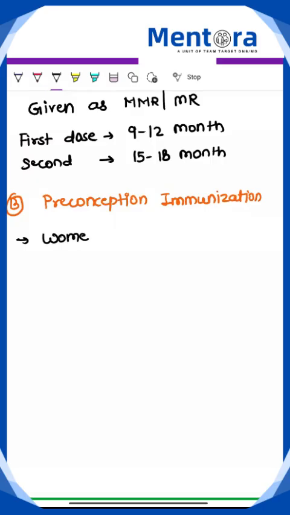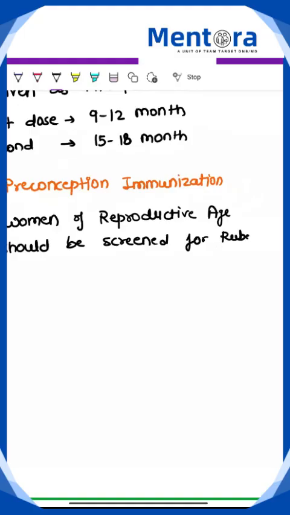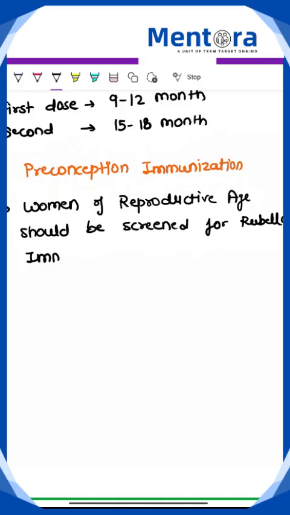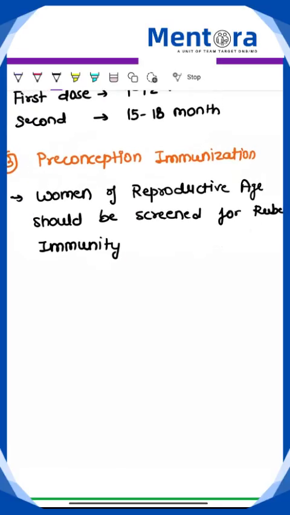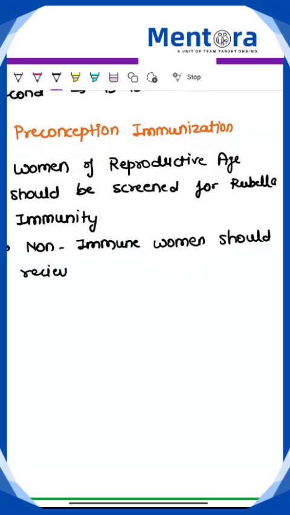In this, women of reproductive age should be screened for rubella immunity, and non-immune women should receive MMR vaccine at least 1 month before conception.